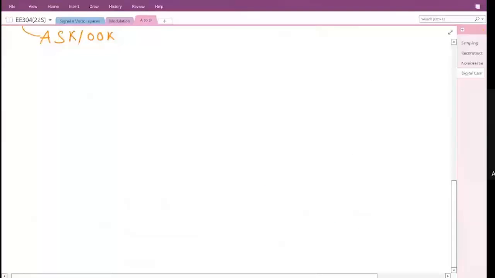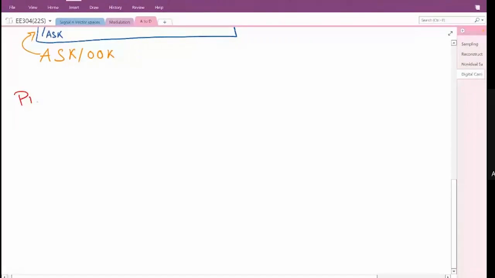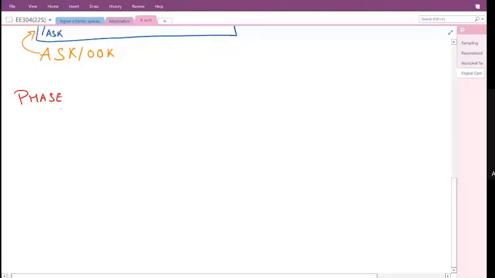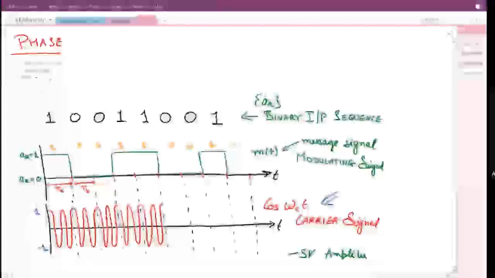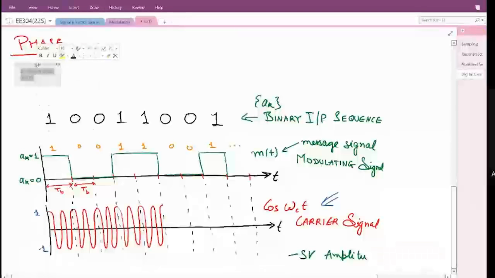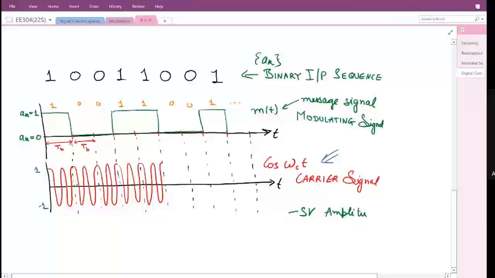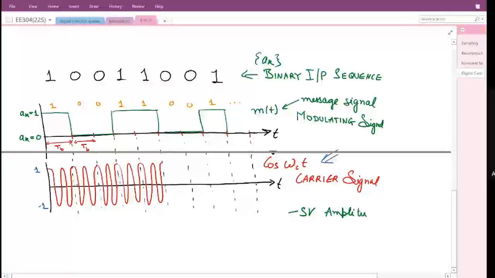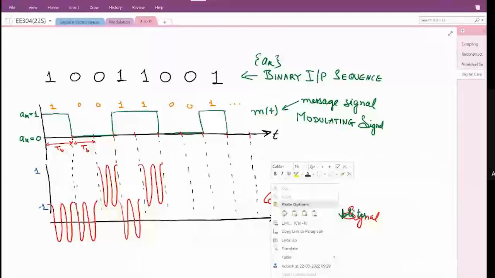How should we change the phase? Yeah, so if this is the message signal and AK is shifting like this, we have to think about how we should do the phase modulation for the same case.